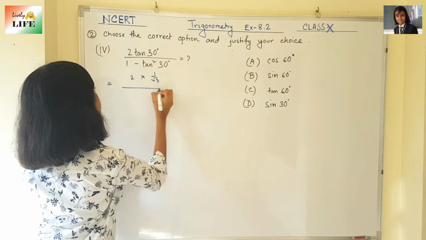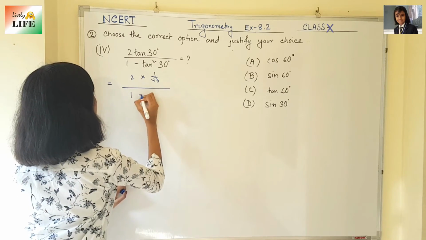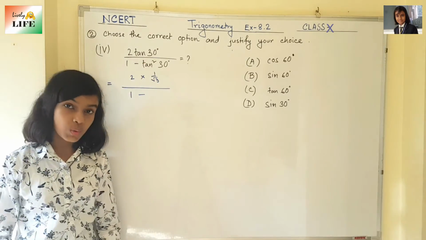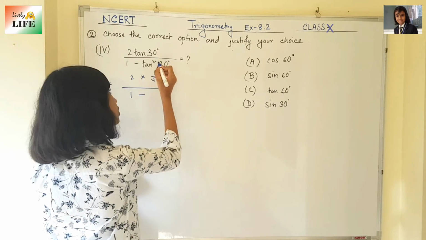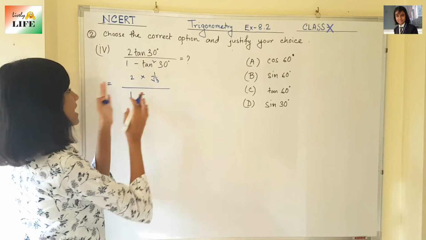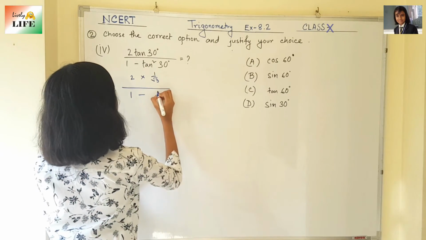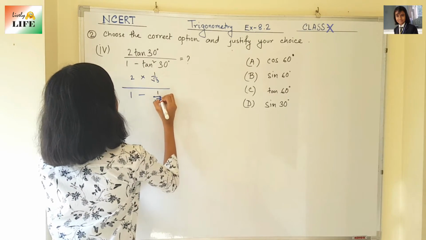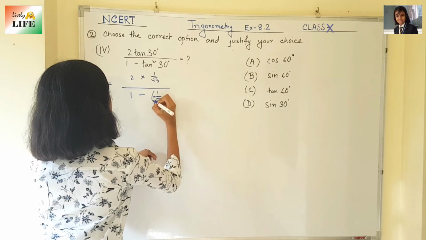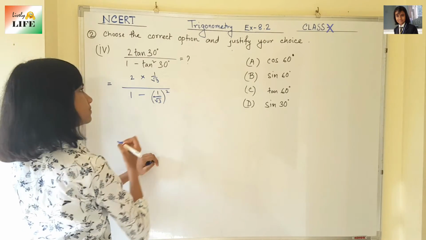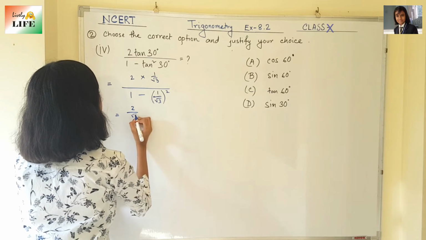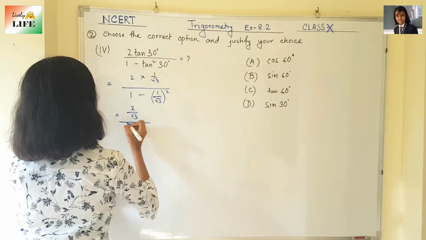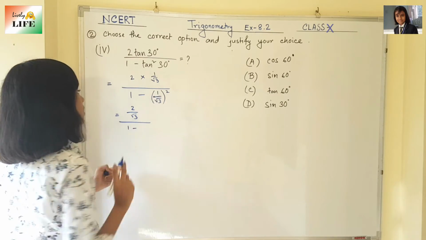1 by root 3 by 1 minus. Now what is tan square 30 degree? Tan square 30 degree is 1 by root 3 whole square, because tan 30 degree is 1 by root 3 and tan square 30 degree is 1 by root 3 whole square. So 2 by root 3 by 1 minus, what is 1 square?